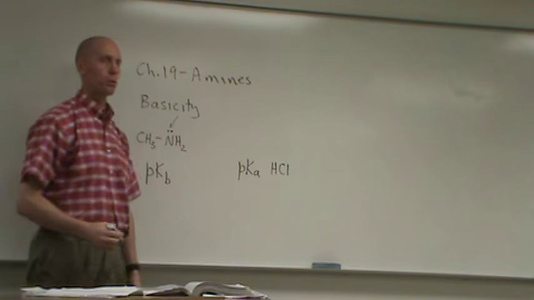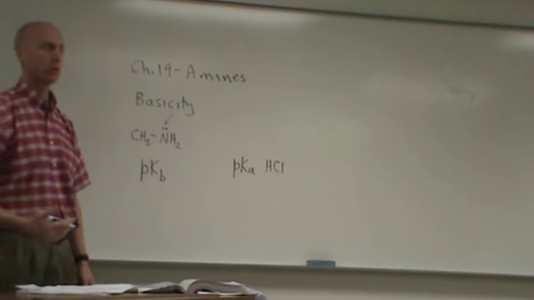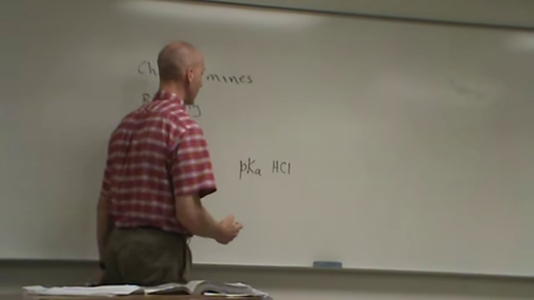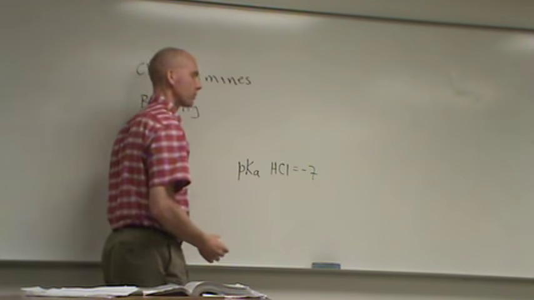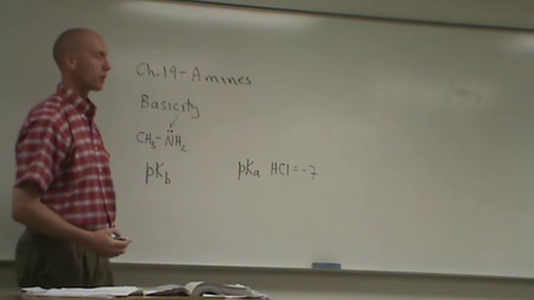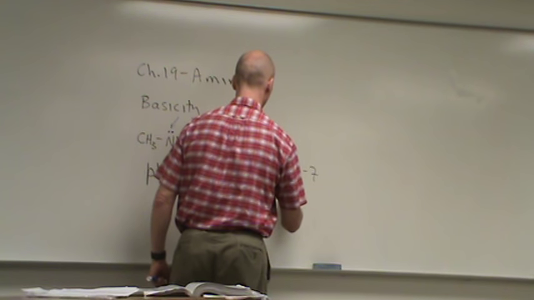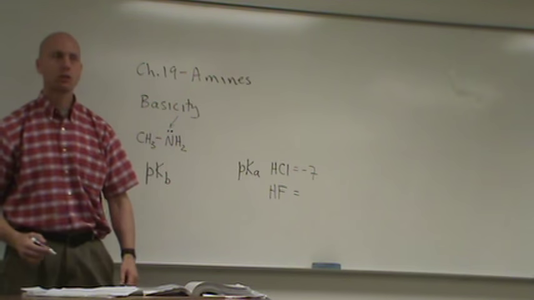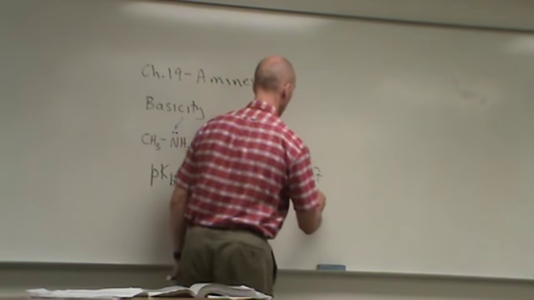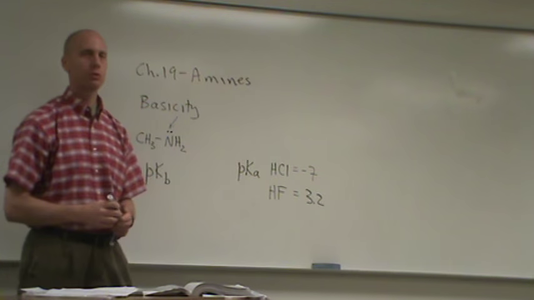Remember, for example, if we looked at the pKa, we're looking at acids of some type, and so HCl has a pKa of -7. But if you looked at the pKa of, say, hydrofluoric acid, it would come out to a value of something like 3.2.